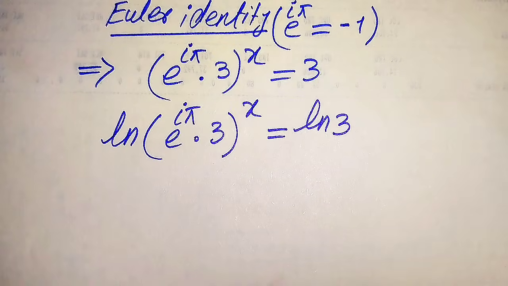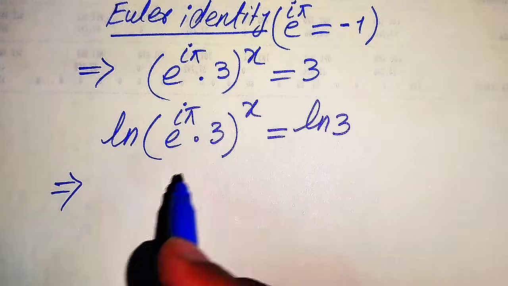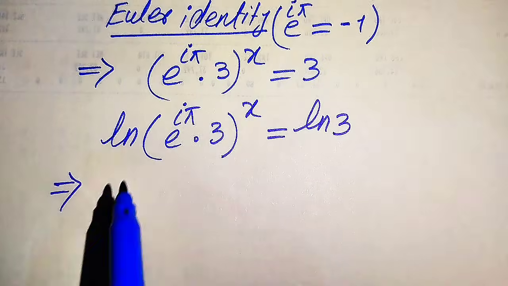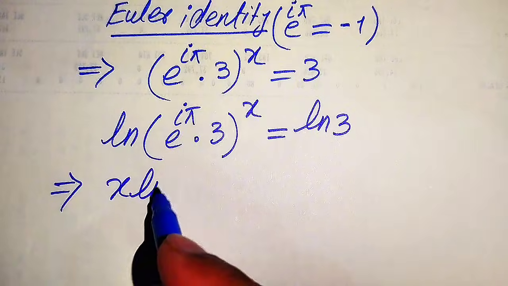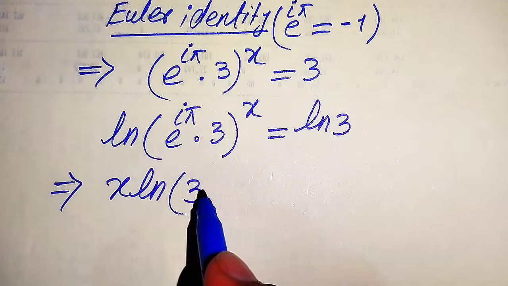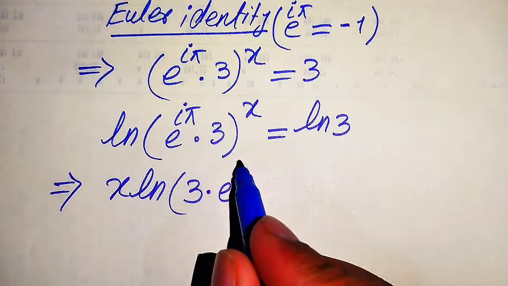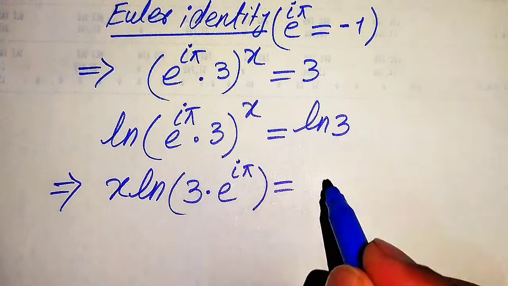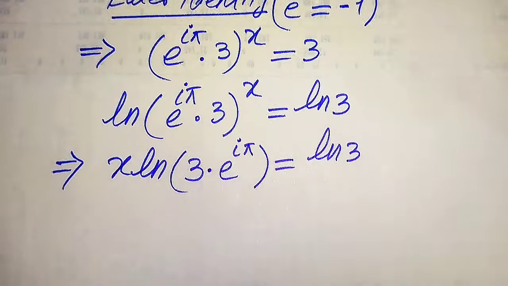Here we use the nice properties of log, and according to this property we move this x in front of the log, and it is written as x times log of (3 times e^(iota pi)) is equal to log of 3.